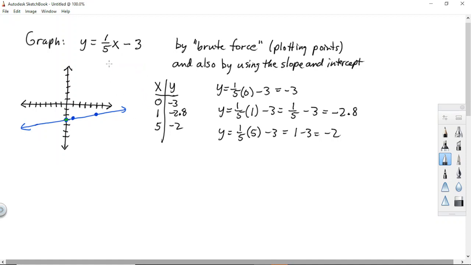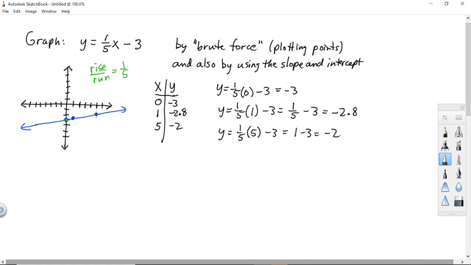So the rise over the run equals 1/5. So we just go from where we are. That is our first point, right? We got from the intercept. We go up 1 and over 5. 1, 2, 3, 4, 5.